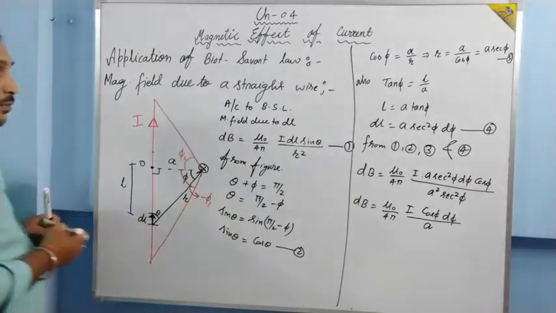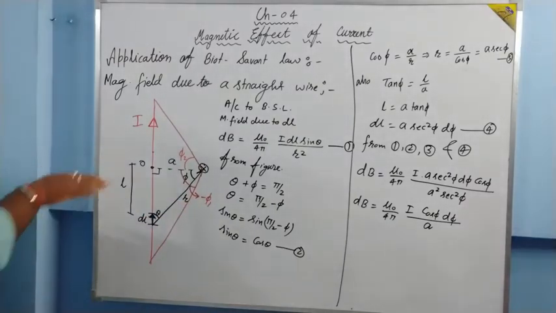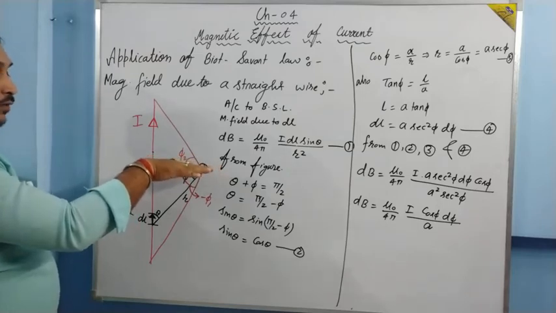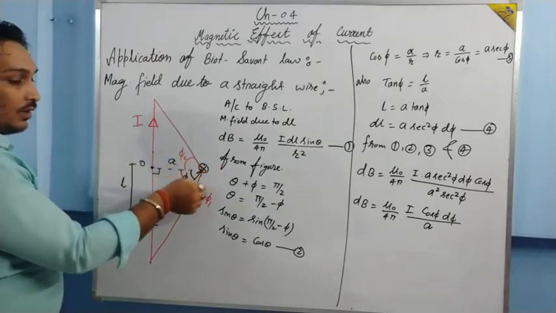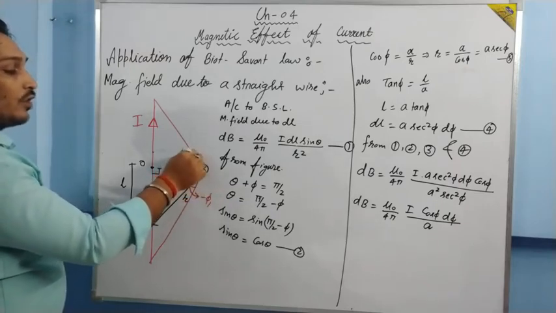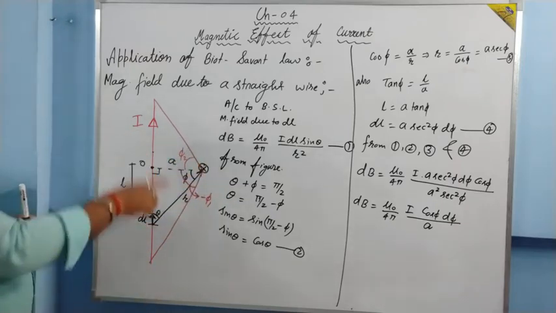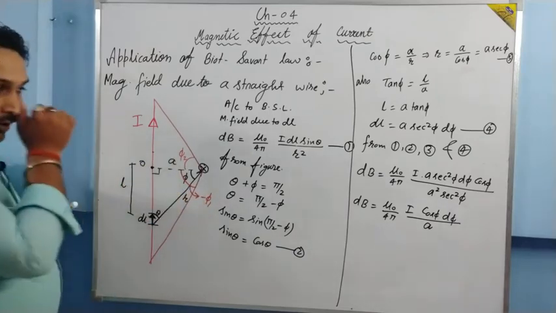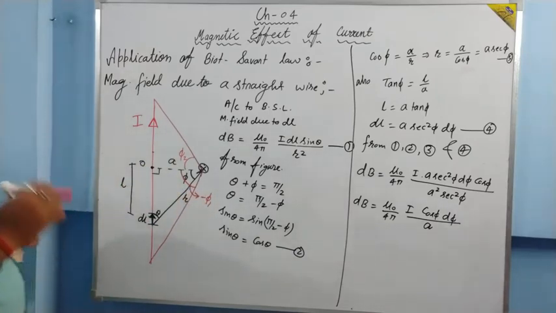Why am I taking it as minus phi 1? Because just see, if you take this as the axis of reference, then you are moving anti-clockwise for minus phi 1 and you are moving clockwise for phi 2. So one of these angles must be negative. I am going downward from here, that's why I have taken it as minus phi 1. Right? This will be integrated by taking limits from minus phi 1 to phi 2.